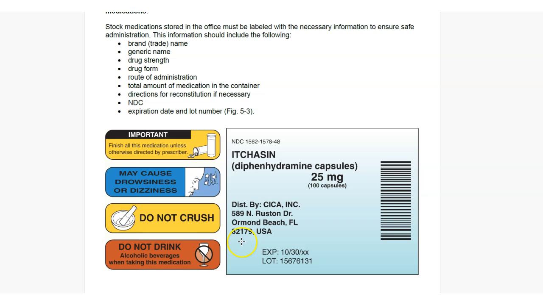So this is typically how the label of the medication that's being stored should look, because you want to have all this information. If something is missing, it can cause some problems, because then how do we know if it's expired? How do we know how much medication is in each capsule, and so on? So making sure that the medications are labeled appropriately is very important.